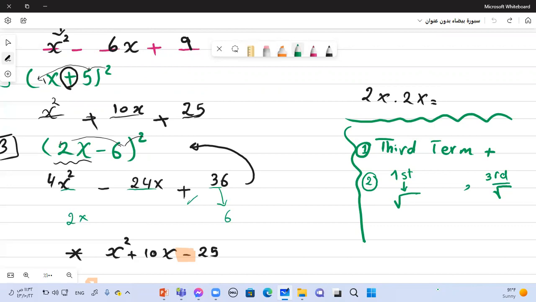What is the third important one? The numbers multiplied with each other: the middle term should be 6 multiplied by 2x, and if we multiply by 2 again, it gives me the middle term, 24x. So it's correct.